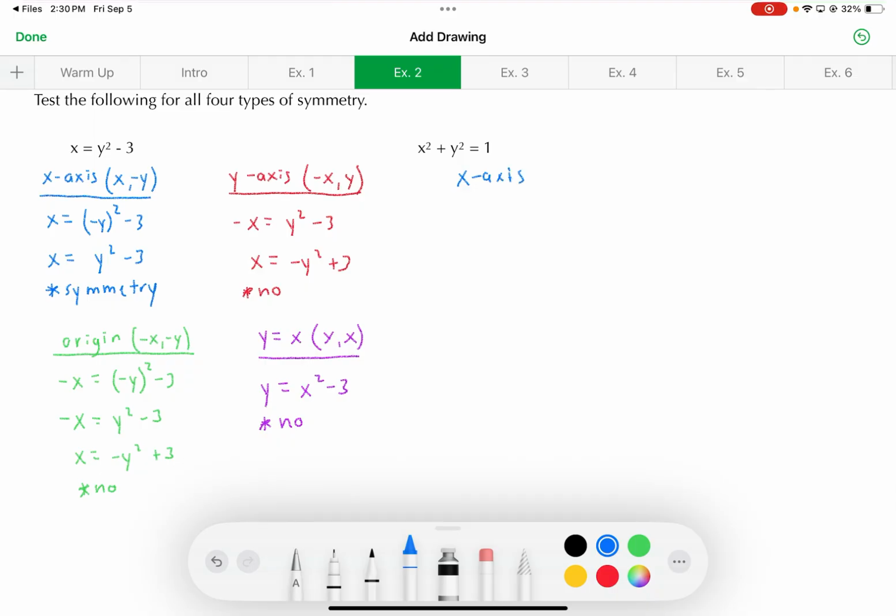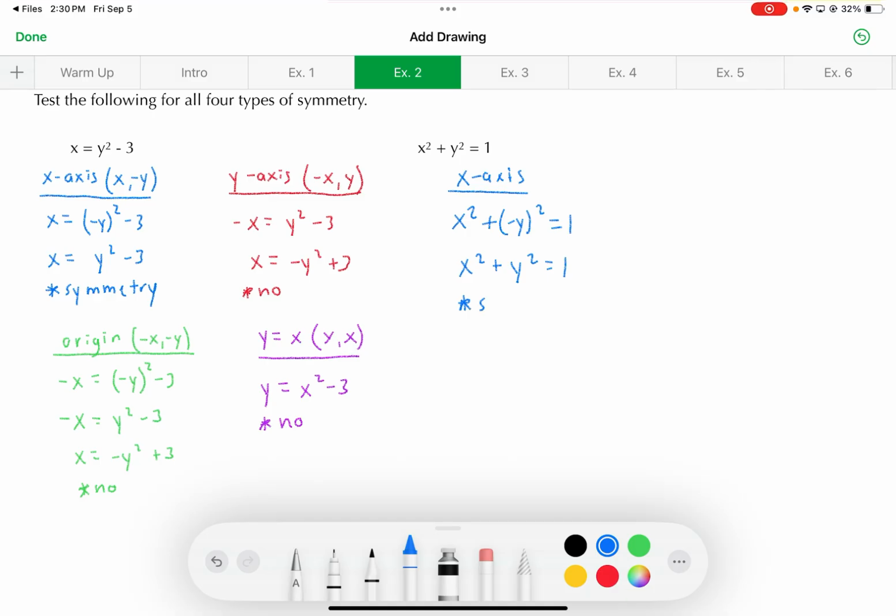X-axis. That's when x stays the same, but y becomes negative. So that'll look like x squared plus negative y squared is equal to 1. That's x squared plus y squared equals 1.